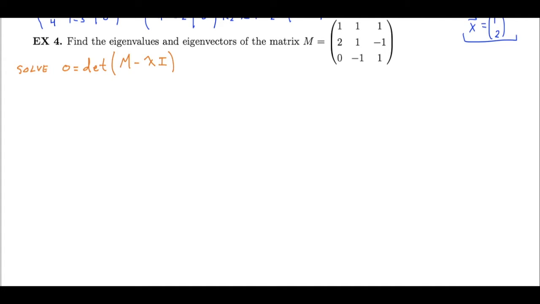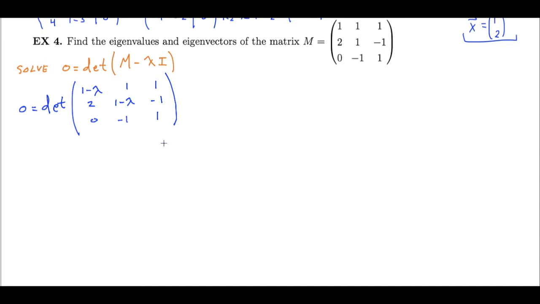As we saw in the previous problem, our starting point for finding eigenvalues and eigenvectors is to solve this equation, where we set the determinant of M minus lambda I equal to 0. I'm going to skip a few of the preliminary steps that I showed in the previous example. Specifically, I'm not going to write out the matrix M minus lambda I in the several steps that I did in the last problem.